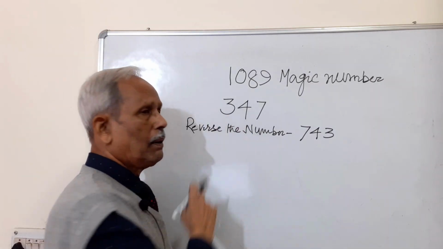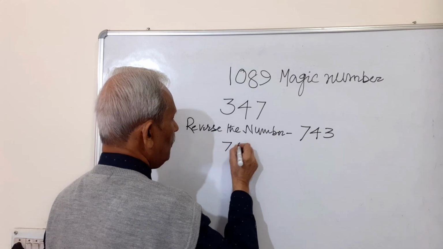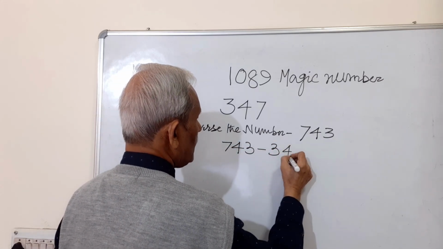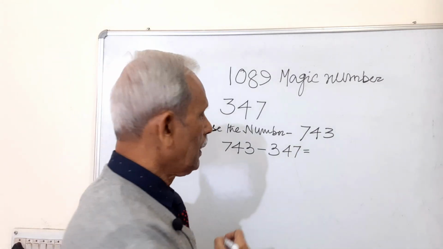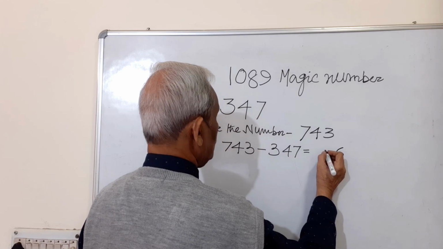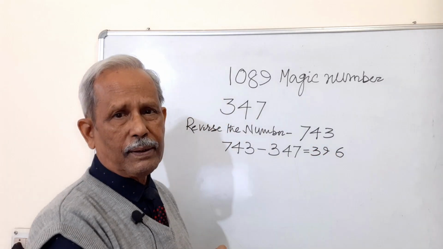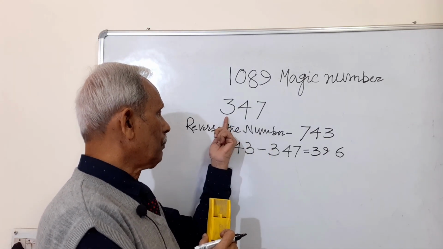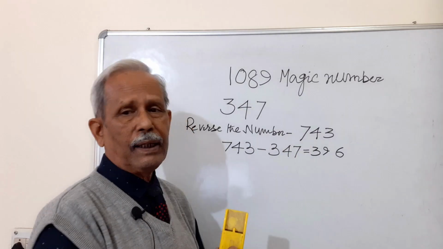Subtract the smaller number from the bigger number. So 743 minus 347. How much does it become? It becomes 396. So by subtracting the smaller number 347 from its reverse, which is bigger, we get 396.